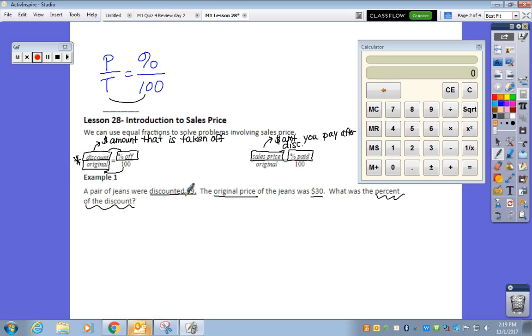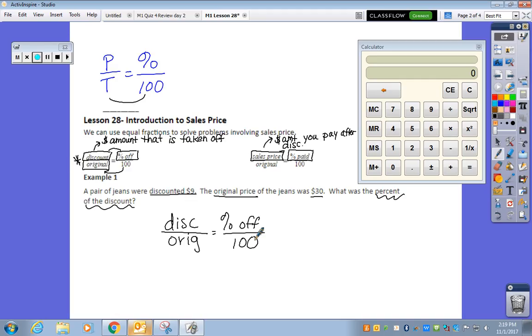So the dollar amount discounted and the percent of the discount, or the percent off it may be called, do match up. So I'm going to use this set of equal fractions. Discount over original price is equal to percent off, which you may see here as percent of the discount, same idea, over 100.